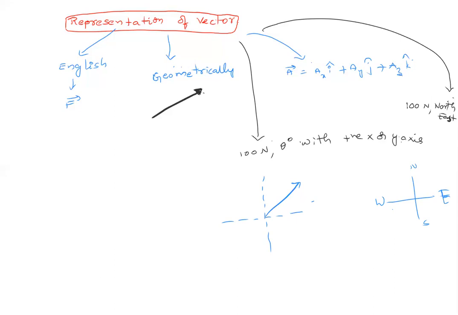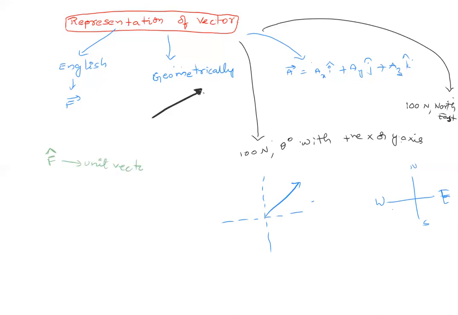All these representations, we'll discuss each in detail, but normally in English you just simply write the letter. If it is force, you write F bar; acceleration A bar, velocity V bar. And if I'm using the word F cap, it indicates it is a unit vector.